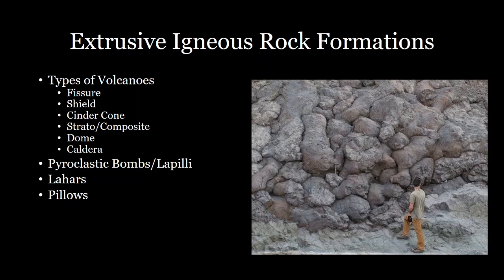Next, we have pillows, maybe a lighter subject. So pillows, or pillow basalts, are extrusive igneous rocks that form underwater. Whenever lava is extruded out underwater, then it can form pillows.